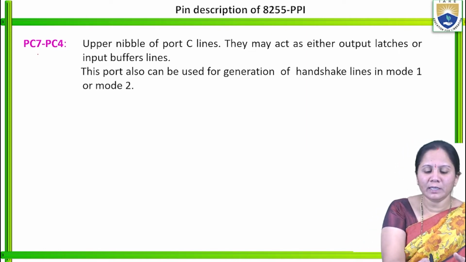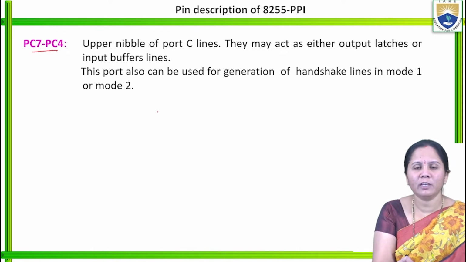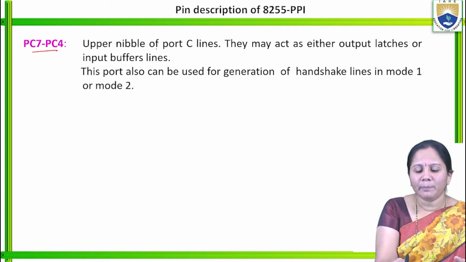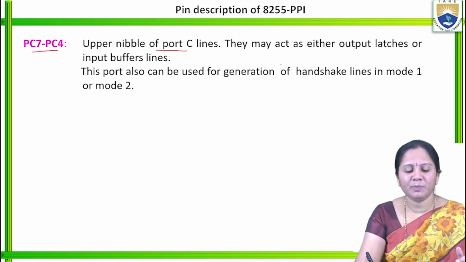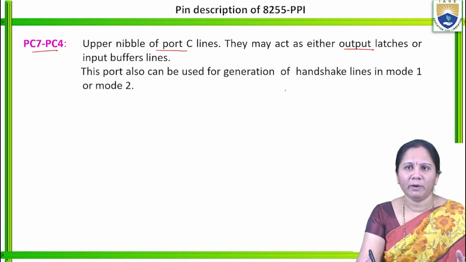This PC4 to PC7 is related to the higher bits of port C. Since it consists of 4 bits, we call it a nibble. So PC4 to PC7 are called the upper nibble of port C lines. They act as either output latch or input buffer.